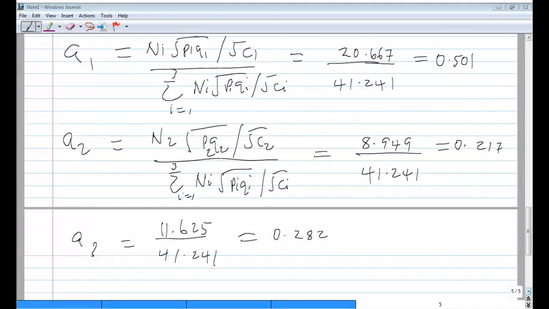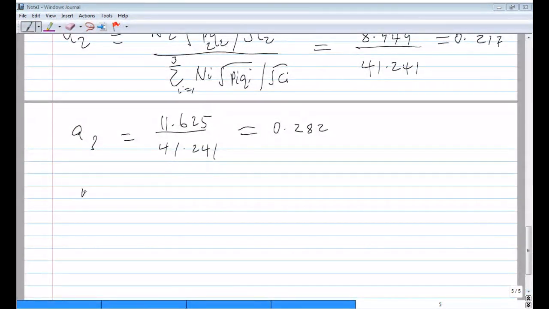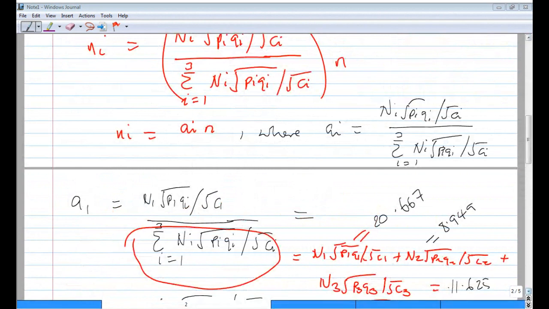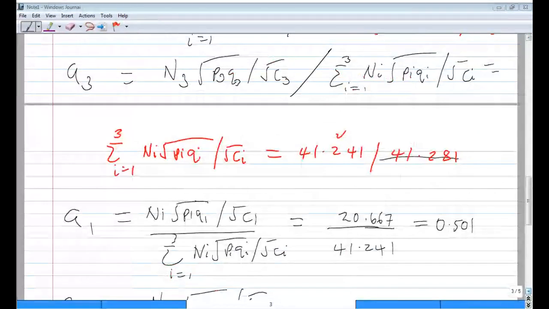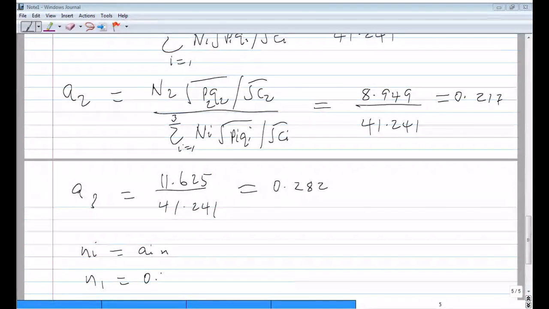So now you can find the sample sizes for each stratum, which is equal to Ai times n. So n1 is going to be A1, which is 0.501, multiplied by n.